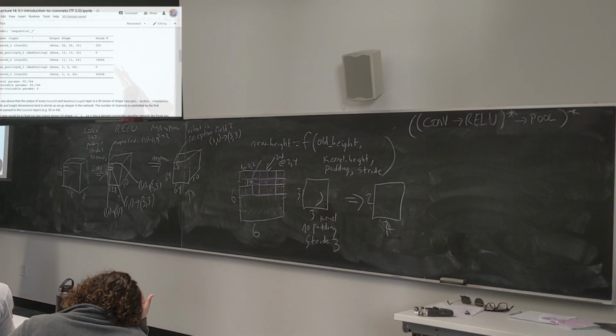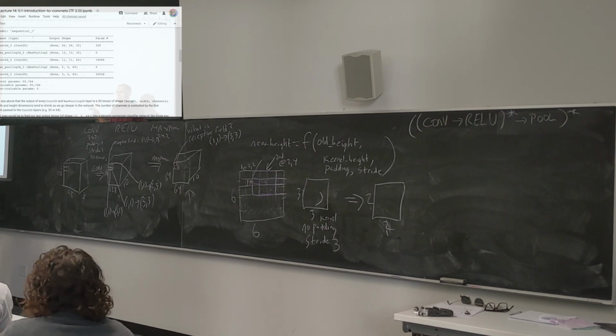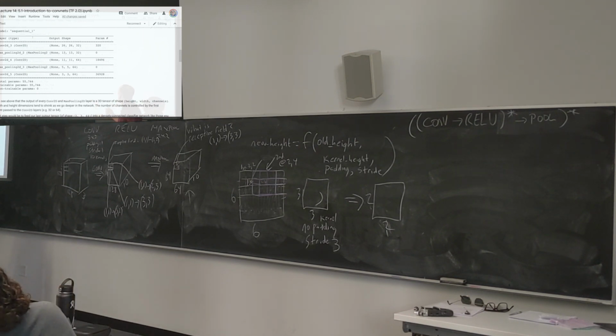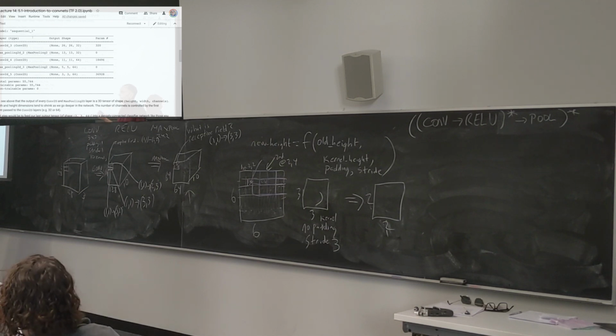We have 320 parameters. Let's just kind of think about that a second. Where does that come from? How many kernels do we have at this layer? We have 32. All right, so it sounds like there's 10 weights per convolution. Does that make sense?